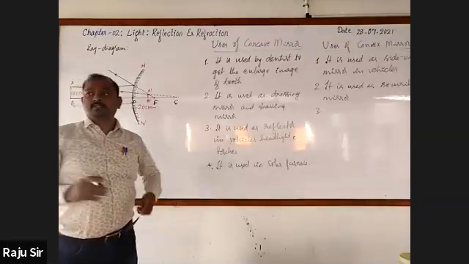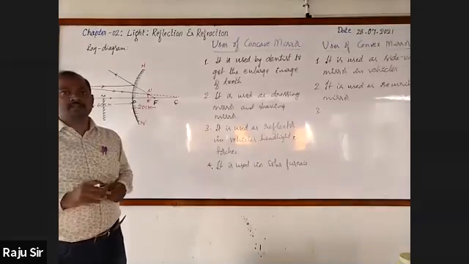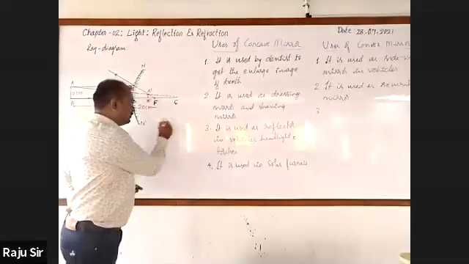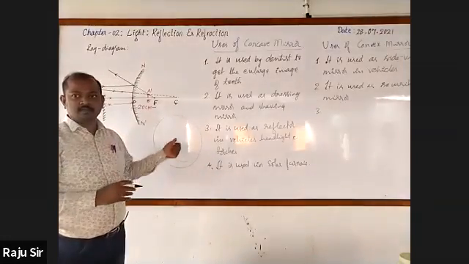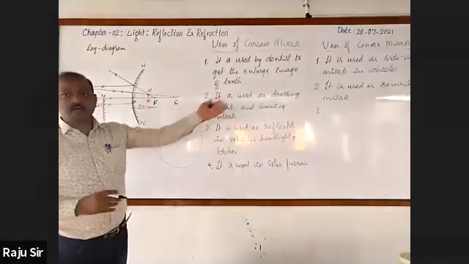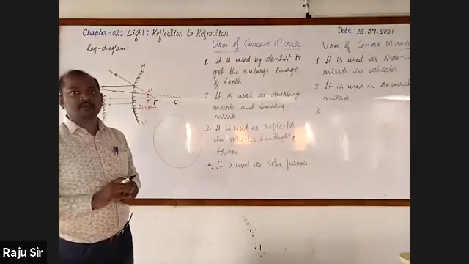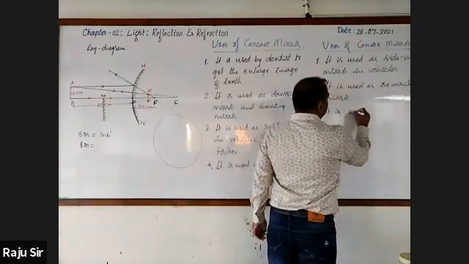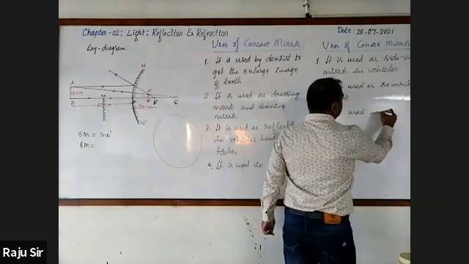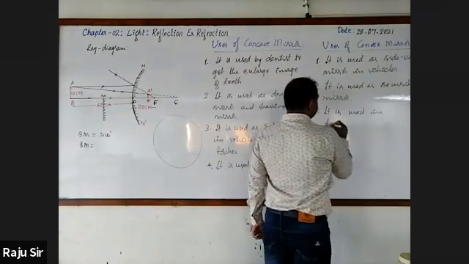You might also have noticed that in traffic signals, a big mirror is placed on one side. That is also a convex mirror. It is used in traffic signals.